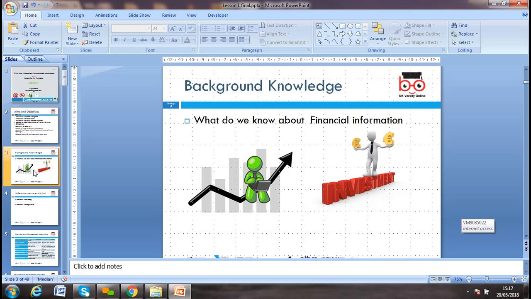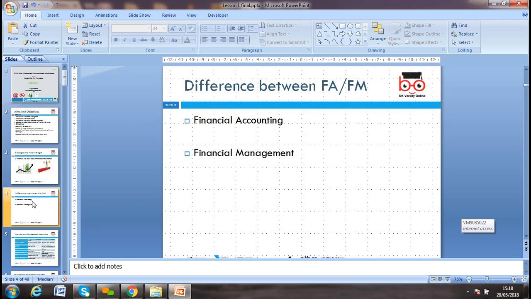Under financial management, internal reports provide us information like costing, production cost, and standard cost. All these sorts of costing information are also financial information, which businesses can use to make financial decisions. Because the title of the unit is accounting for managers, we're looking more at the financial management side.